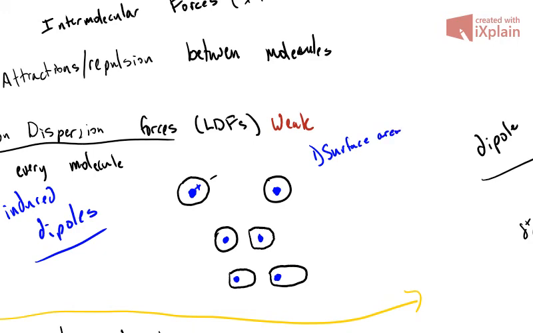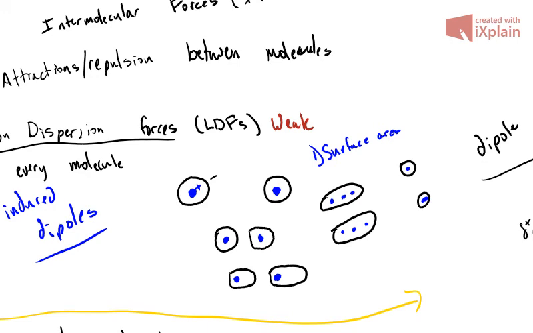So the interaction between this compound with multiple nuclei and multiple electron clouds would be stronger than the interaction between these two.